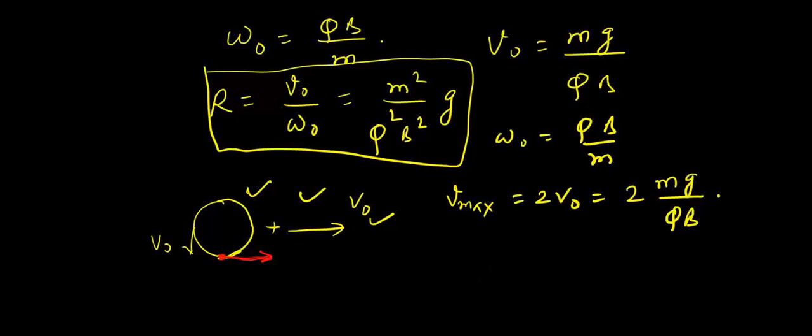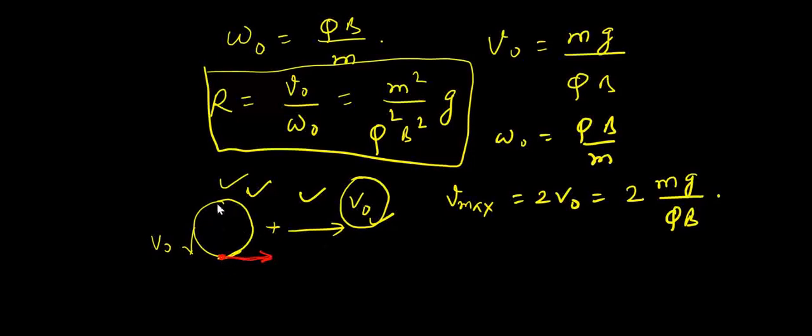And the second and third problem was to find the average velocity of the body in the horizontal direction. The velocity of the body is the vector sum of the horizontal velocity v0 and the velocity resulting from the circular motion, this thing and this thing.